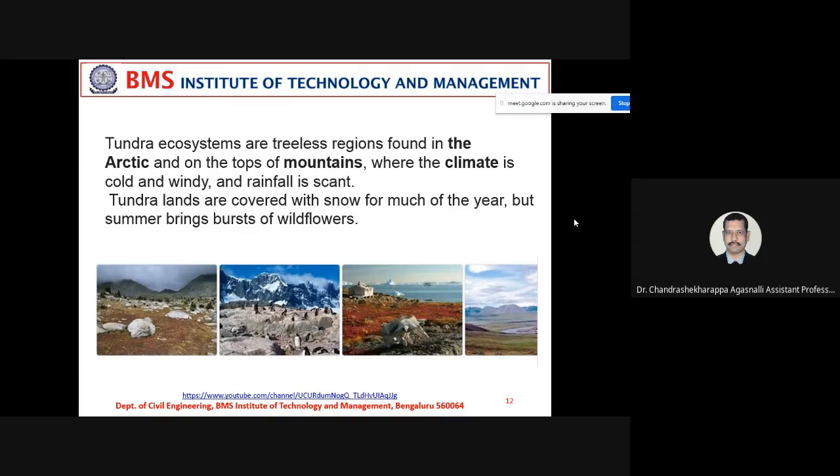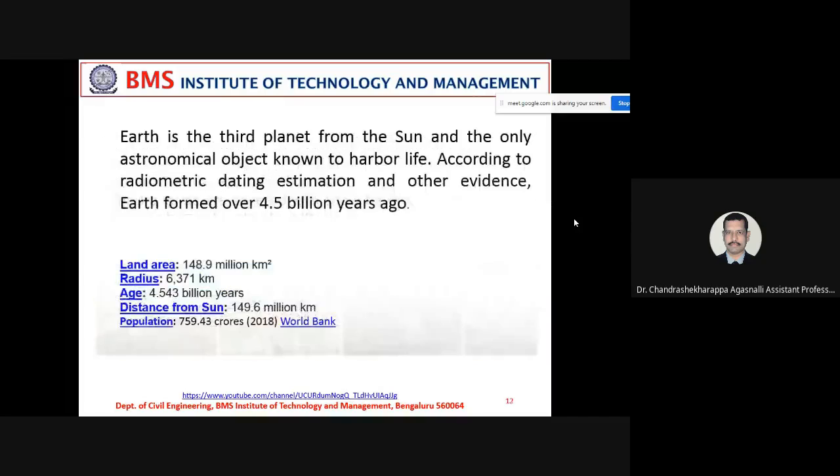You can see tundra ecosystems. In India it's very rare, but you can see them in the Himalayan regions. Tundra is covered with snowfall for much of the year, but summer brings a burst of wild flowers. You can see this.